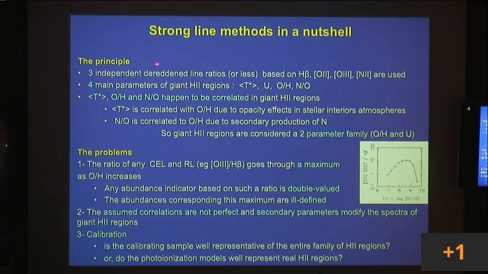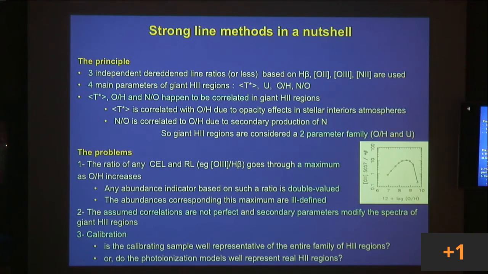It happens that the effective temperature and the abundance happen to be correlated in giant H2 regions. The average temperature is correlated with the metallicity due to opacity effects in stellar atmospheres. And N/O is correlated to O/H because N is a secondary element. So giant H2 regions are considered as a 2-parameter family, metallicity and ionization parameter.